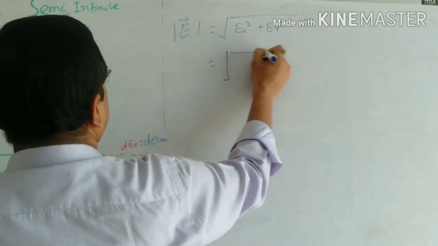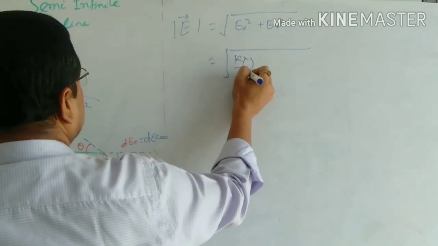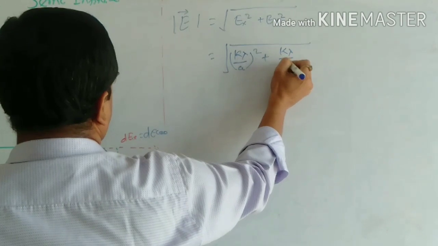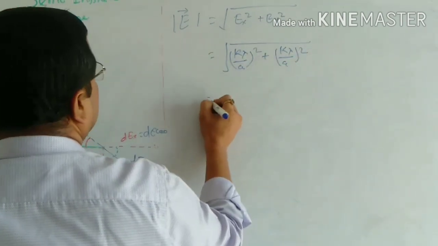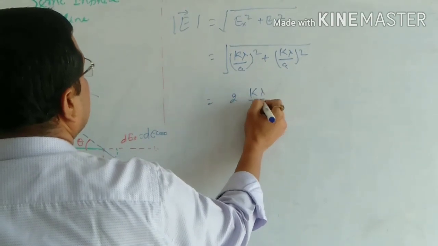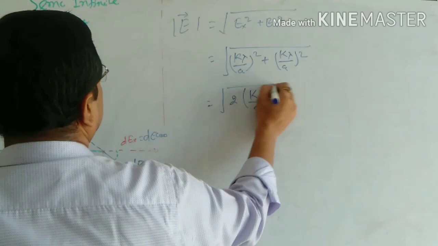It means k lambda by a whole square plus k lambda by a whole square, that is 2 k lambda by a whole square, under root.